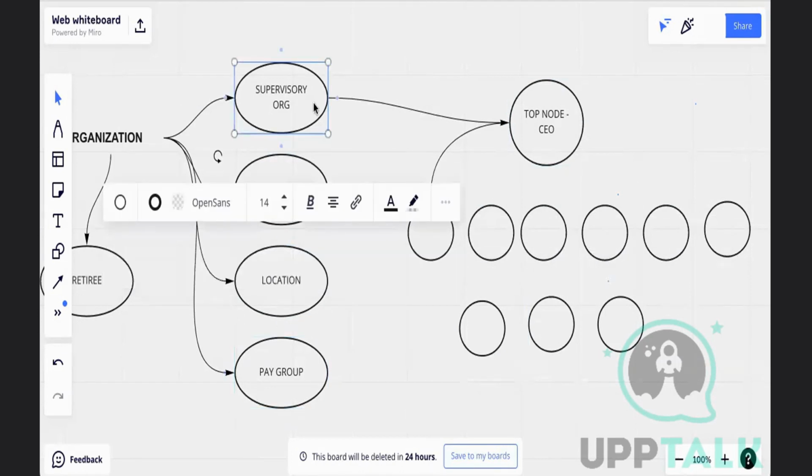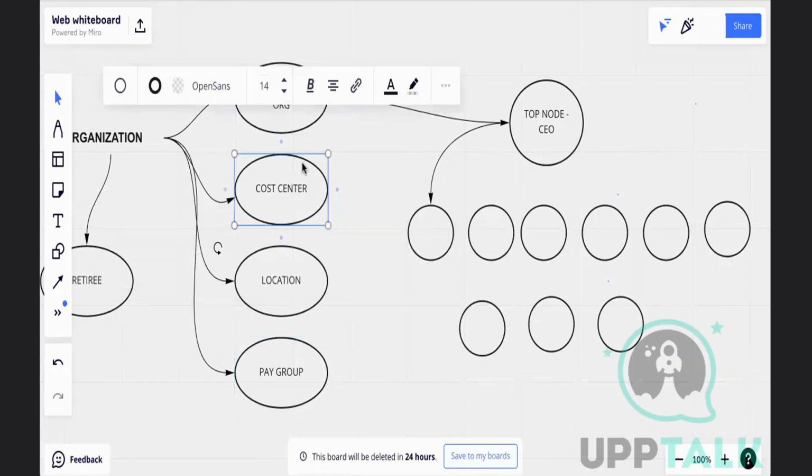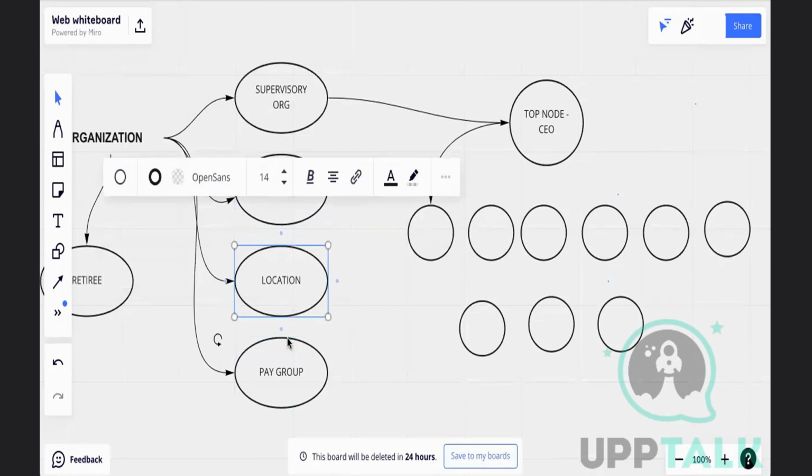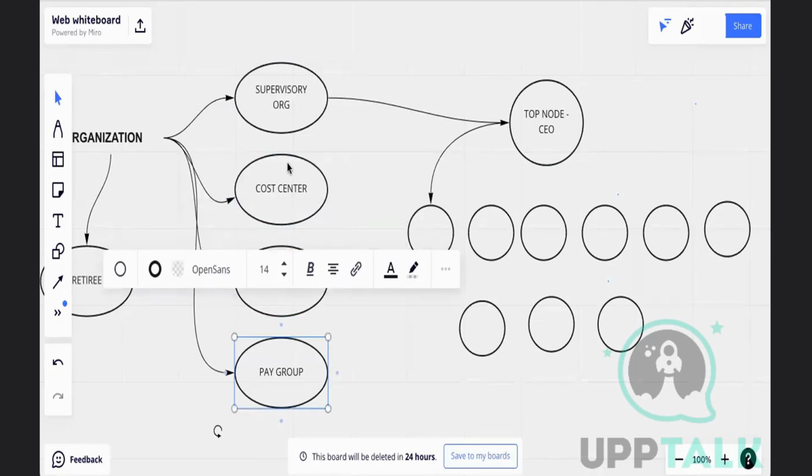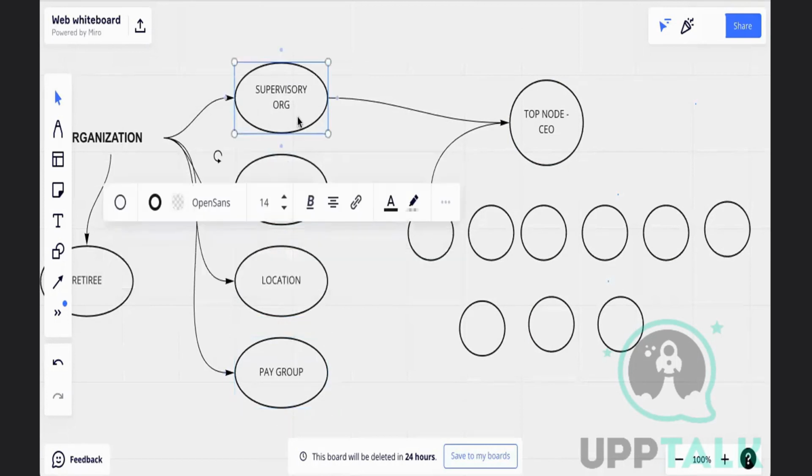So the organizations are nothing but hierarchical structures. And the most important of all these different types of organizations is the supervisory organization, because this structure is the only management structure. It puts employees into a management hierarchy. Without employees, without a management hierarchy, you cannot do anything with the system, because Workday is an HCM system.